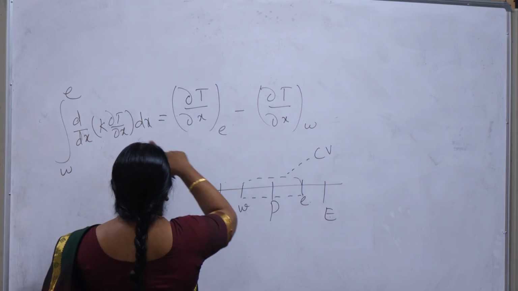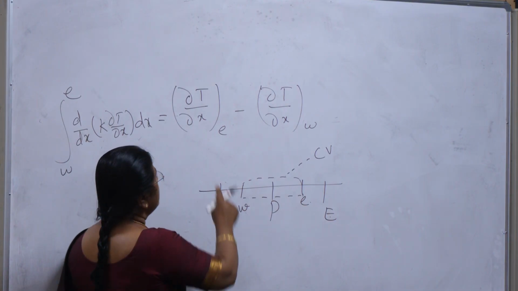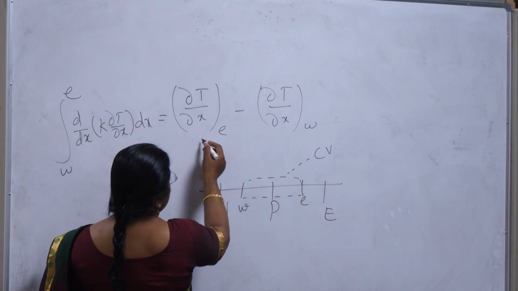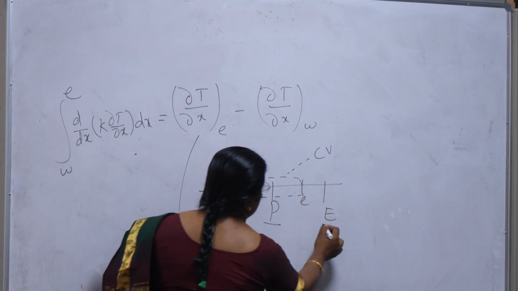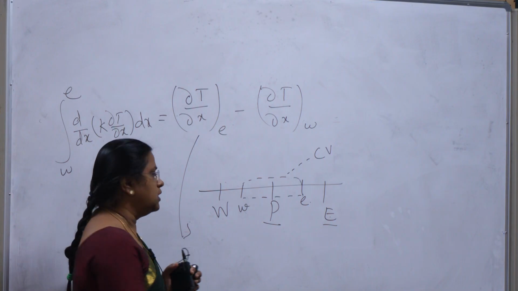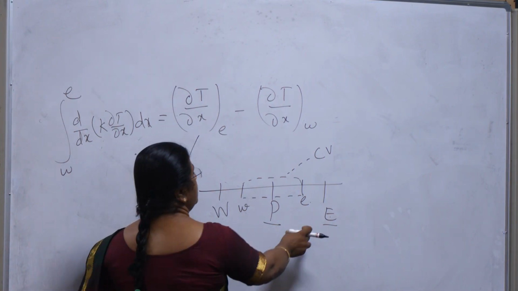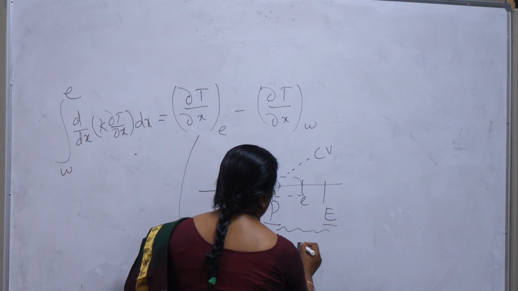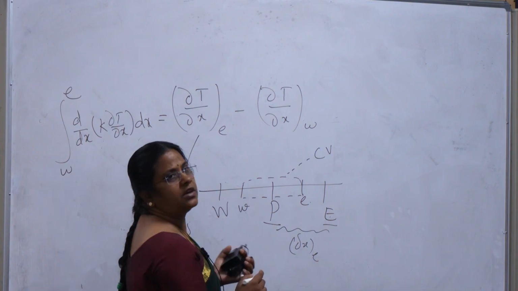We are integrating from W to E. This one is what is written here. So this one is written there using this and this, because we know the values at capital P and capital E. So the distance between them is what is written there.